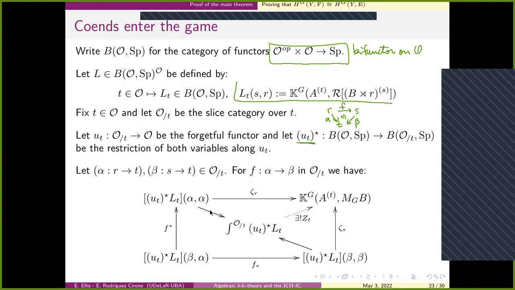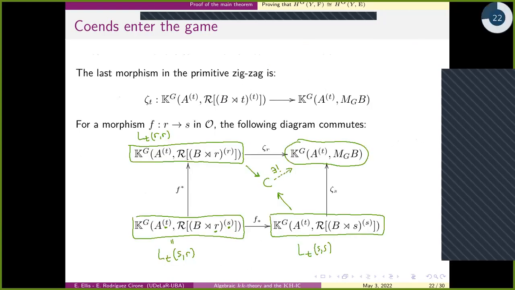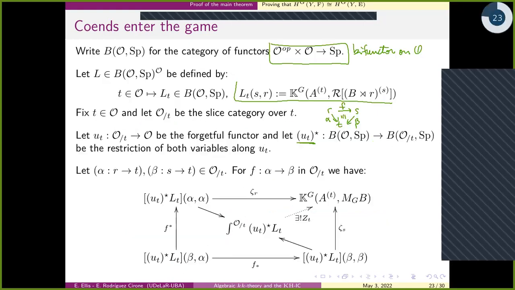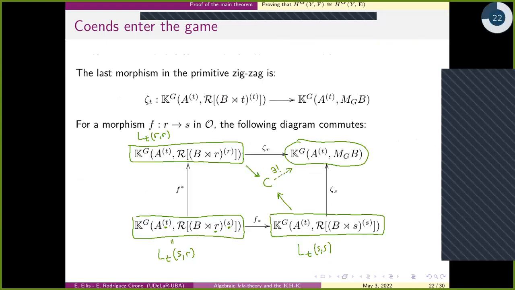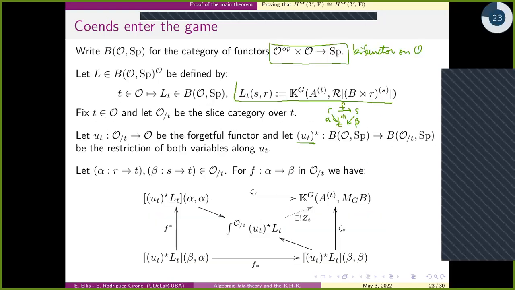So with these definitions, we can take a look at this square one more time, and the square now looks like this. The outer square here is exactly the square in the previous slide. We are just adding notation.